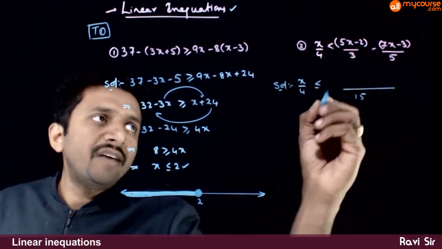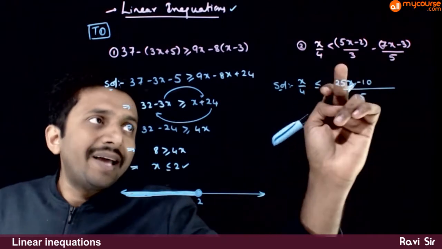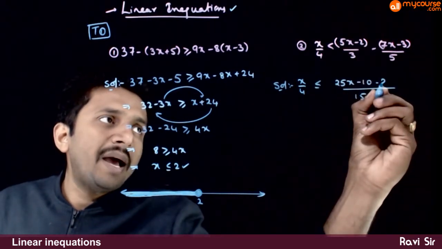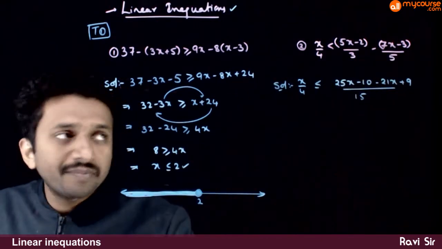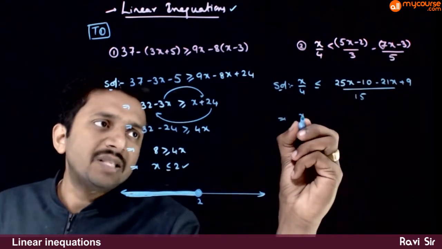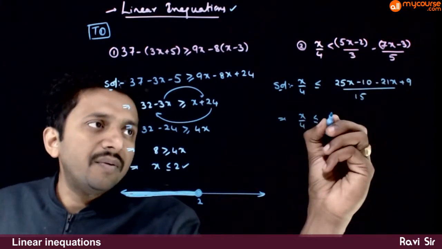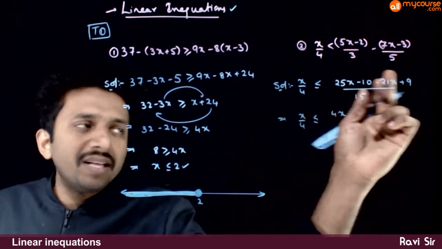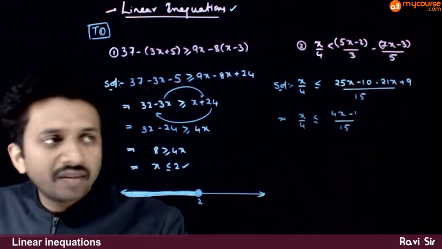So 5 into (5x minus 2), 25x minus 10, minus 3 times (7x minus 3), minus 21x plus 9, minus into minus becomes plus. So this implies x by 4 is less than or equal to 25x minus 21x is 4x, minus 10 plus 9 is minus 1, by 15.